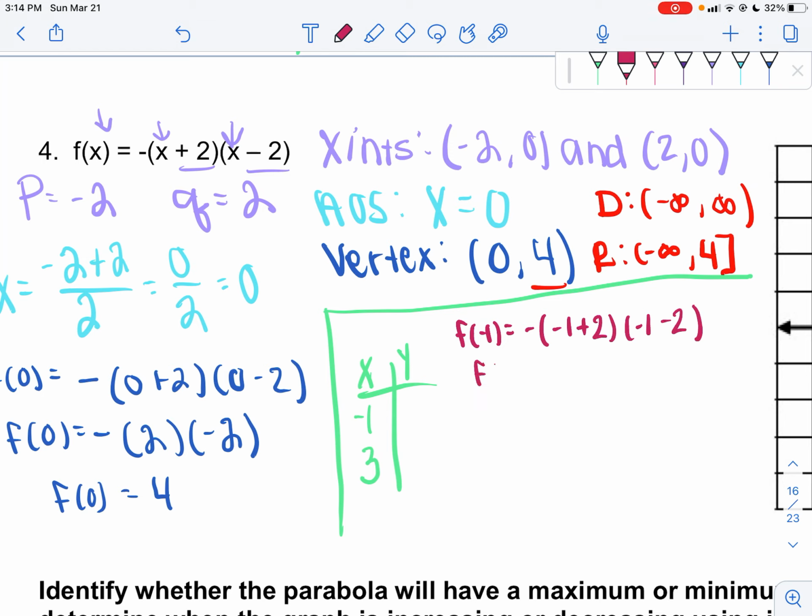Okay, simplify inside the parentheses first. Since we're not dealing with the vertex, those numbers do not have to be the same. And so when x is -1, we get +3. Okay, now let's do it for when x is 3.